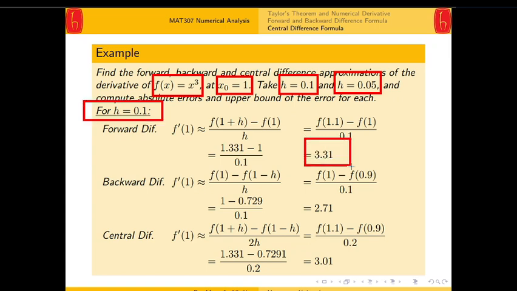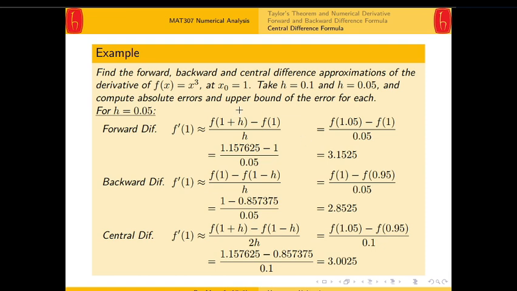So this will be 3.31. With the backward difference formula, this will be like f of 1 minus f of 0.9 divided by 0.1, so this will be equal to that. And with the central difference formula, this will be f of 1.1 minus f of 0.9 divided by 0.2, and this will give us 3.01.